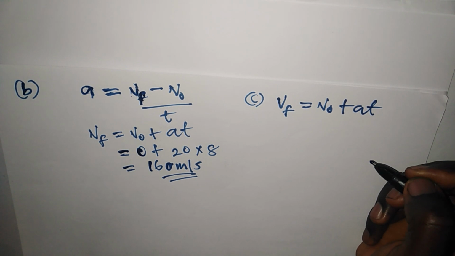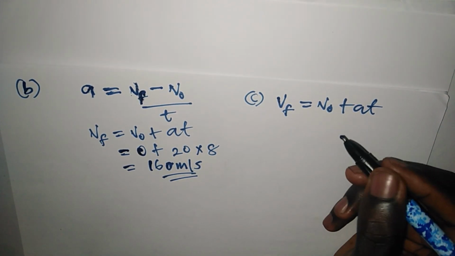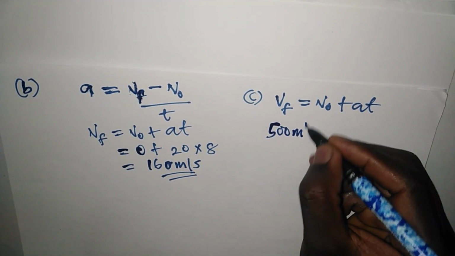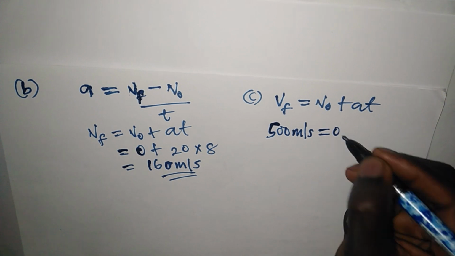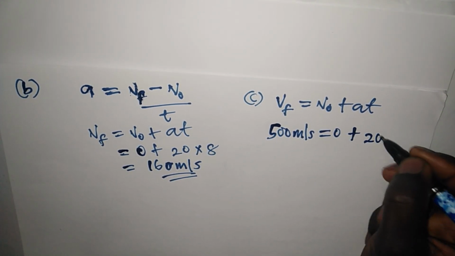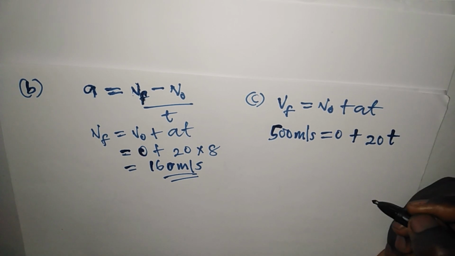In this case, we are looking for the time it will take to reach the final velocity of 500 meters per second at this rate. The box started at rest, so the initial velocity is 0. So final velocity 500 meters per second is equal to 0, the initial velocity, plus 20 meters per second squared, the acceleration, times t, time.